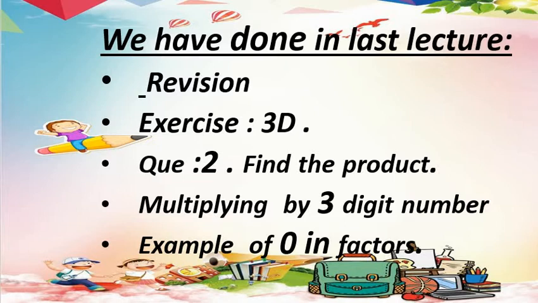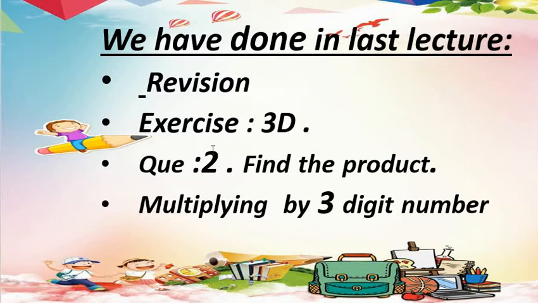Now students, I hope you all understood, and I hope you remember what we did in the last lecture. In the last lecture we did a revision exercise, exercise number 30, question number 2, find the product by multiplying by a 3-digit number. Examples of 0 in the factors are left.